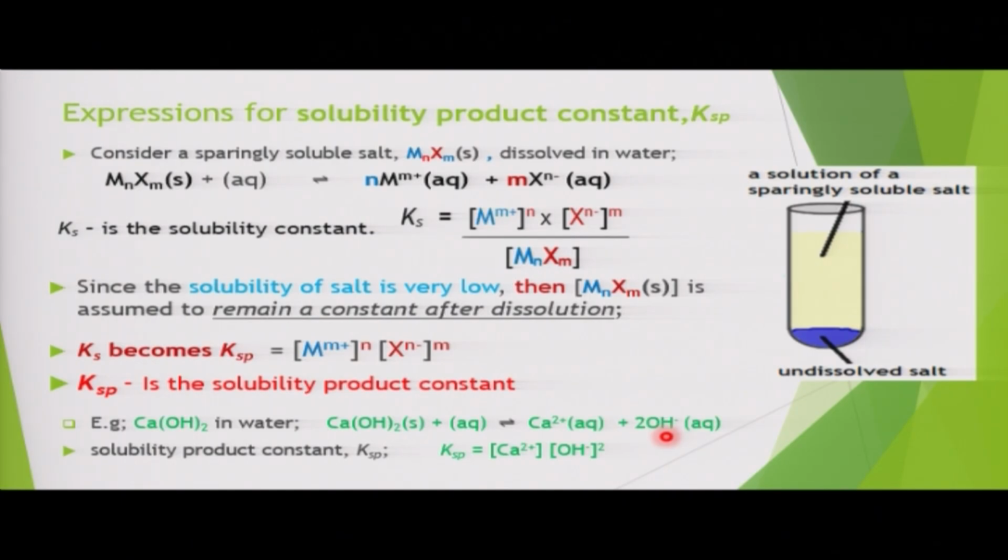So in the Ksp for calcium hydroxide, we need to raise the concentration of OH ions to the power of 2, because of its mole ratio. And that is what the M and N imply according to this general equation, as you see with the highlighter. So basically that is a quick example.